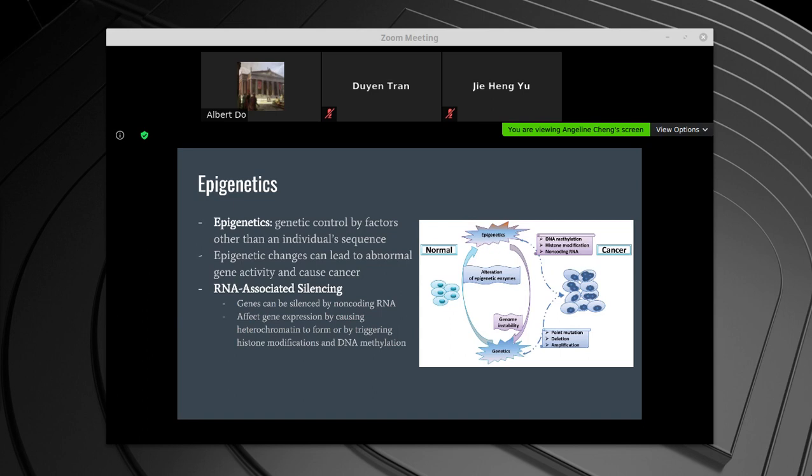The three main epigenetic changes are DNA methylation, histone modification, and RNA associated silencing. RNA associated silencing involves genes that can be turned off by RNA when it is in the non-coding RNA form. And RNA can affect gene expression by causing heterochromatin to form or trigger the two other epigenetic changes.